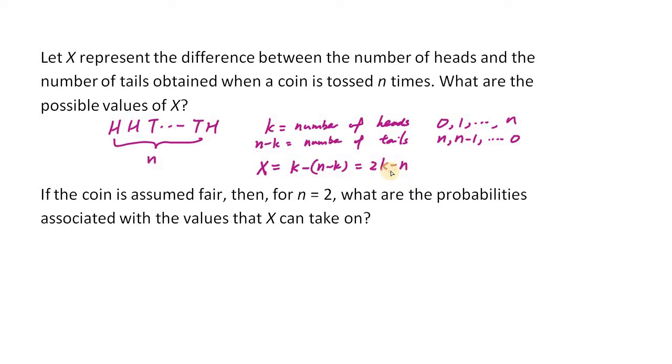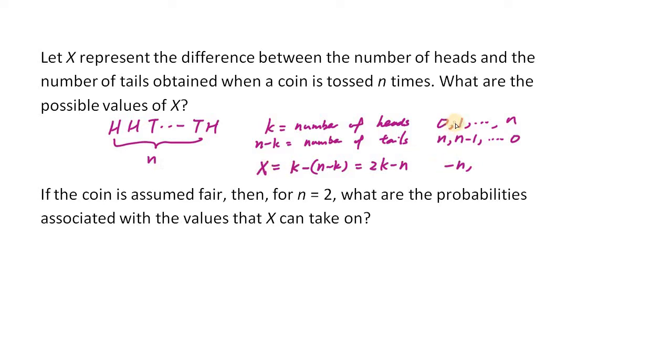So now what values can x take on? We already know that k goes from 0 to n. So when k is equal to 0, x is going to be minus n. If you substitute 0 into k, it will be 0 minus n. That will be the smallest value for x.